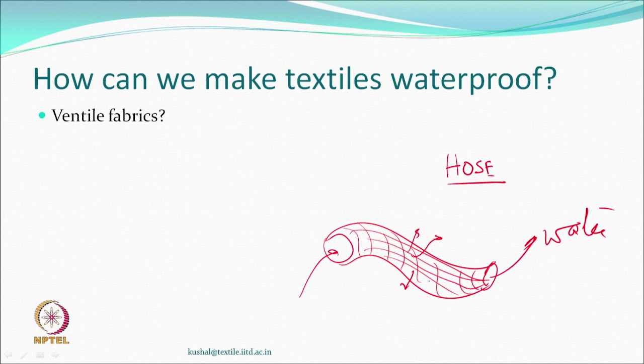So, in this kind of a hose, when people pump the water, initially water starts coming out from the wall of the hose, but as it gets wet, you suddenly find the water does not come out at all because of swelling of fibers and swelling of yarn, and then making everything tight, and so water doesn't come out. Such type of fabrics were called Wintile fabrics.